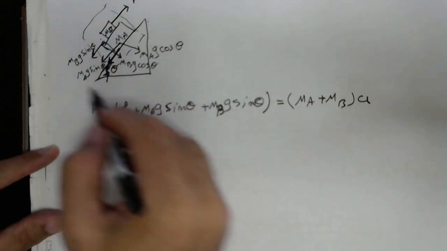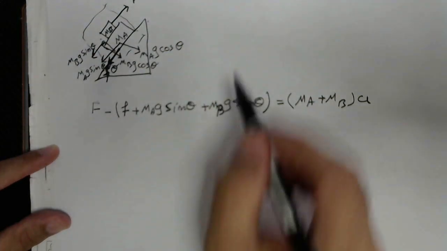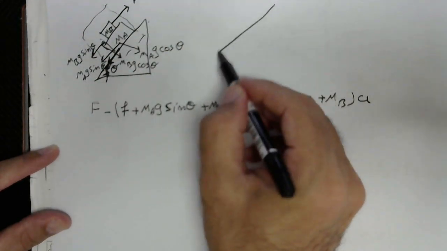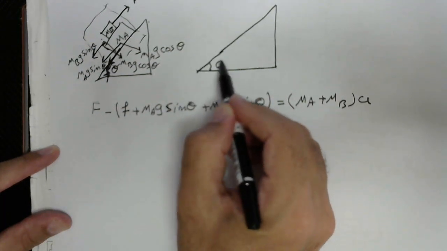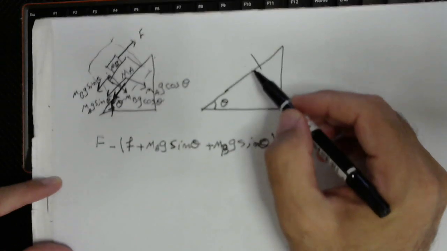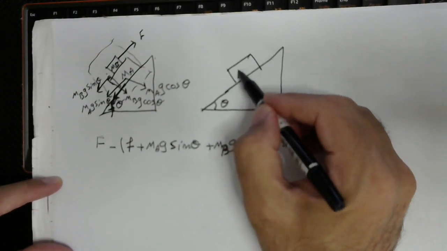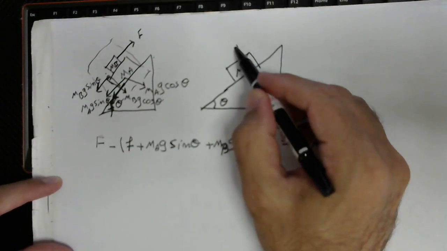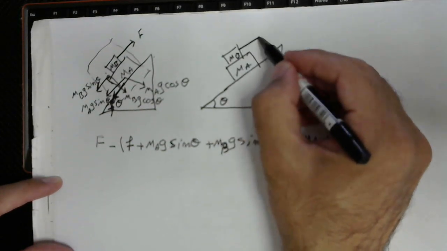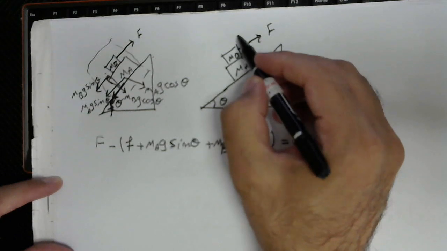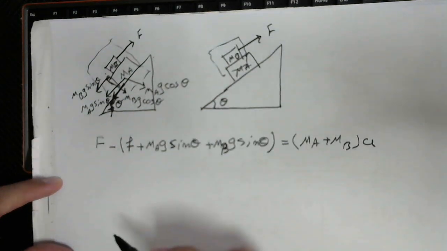This is when you consider the whole thing as a system, but for the same example, I have A, and then B, and this is F. Now I consider B as the system.